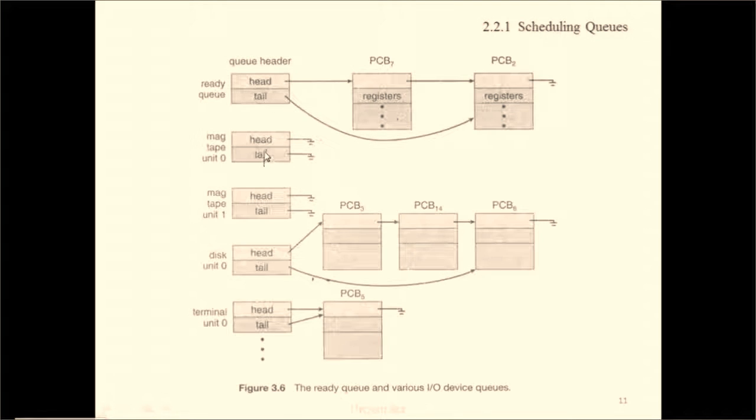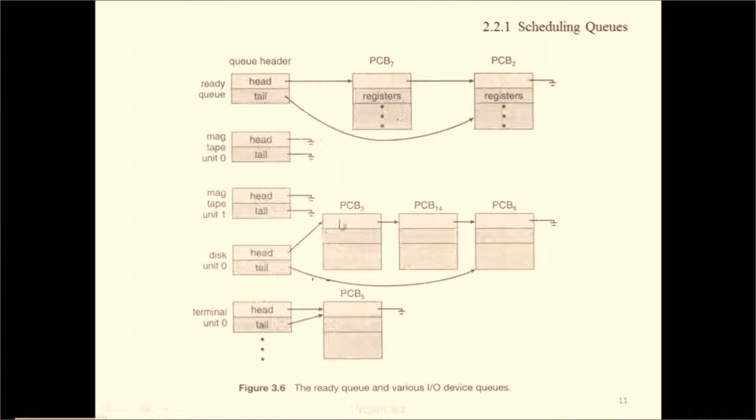There are other devices called magnetic tapes. Nowadays nobody uses those magnetic tapes, but they are shown here just for the sake of existence. Now we do find disks, and a computer may have more than one hard disk. In that case, disk unit 0, disk unit 1, disk unit 2, etc. will be numbered.